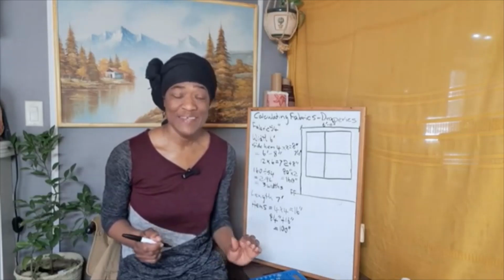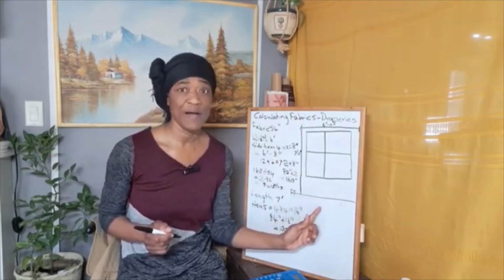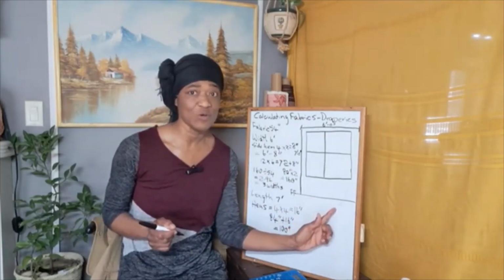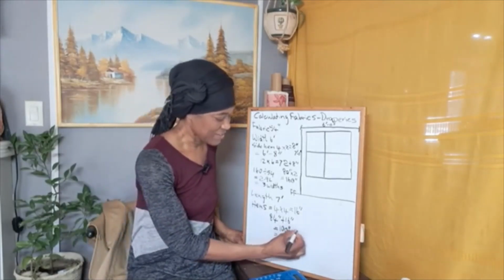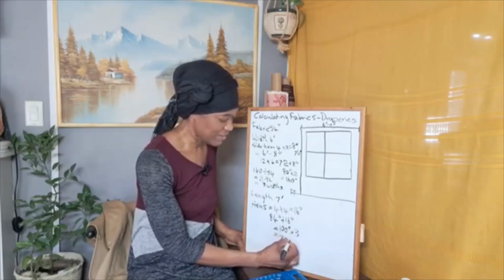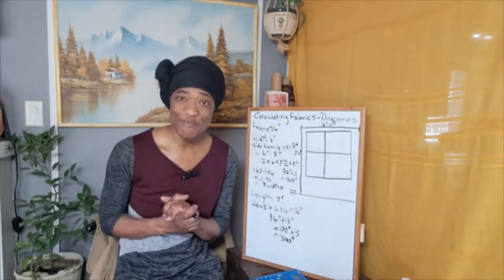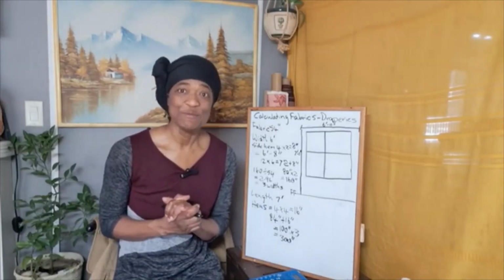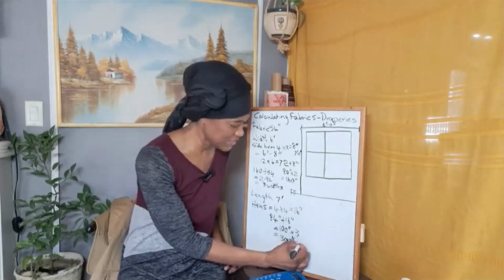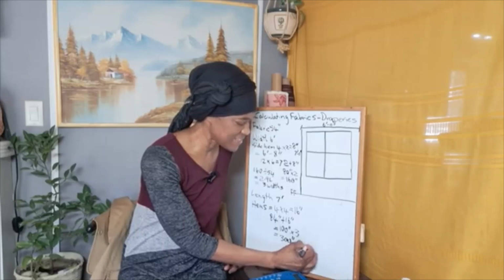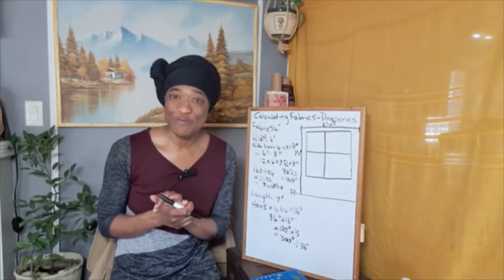The next step is to multiply this 100 inches, which is from top to bottom here, by 3, because we need 3 widths to go across the window. So that will be 300 inches. So in order for us to find out how many yards of fabric we will need, we will have to divide this 300 inches by 36 inches, because there are 3 feet in a yard and there are 12 inches in a foot, right?